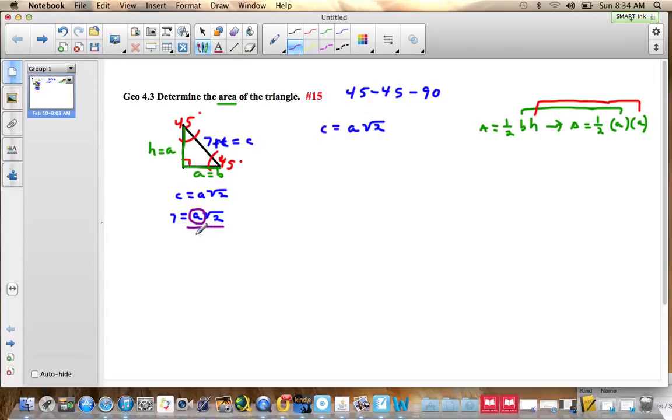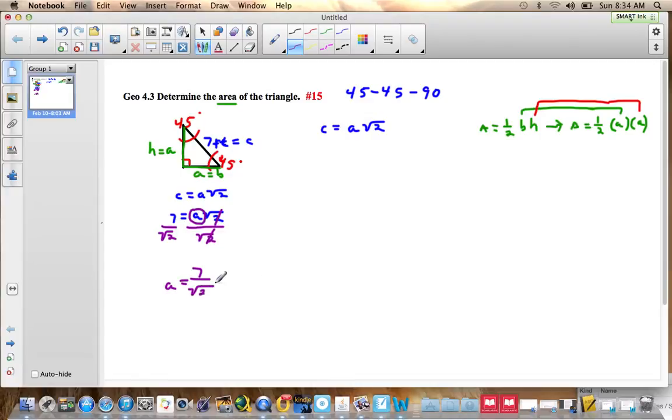And so I'm going to divide by the square root of 2. And then, as always, what I do to one side, I do to the other. And then these square roots will cancel. So what I'm left with is A equals 7 over the square root of 2.